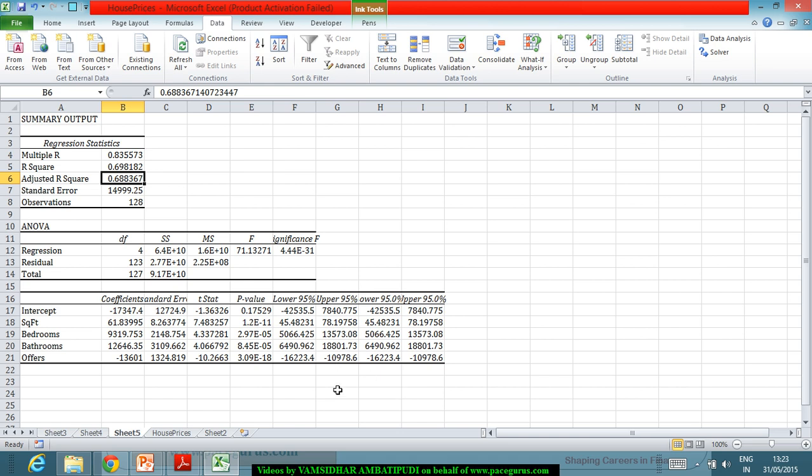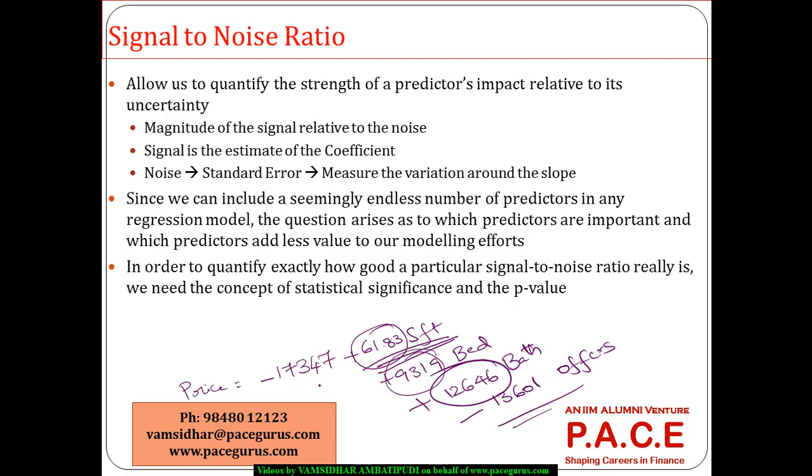Now, based on the coefficients that have come, I want to know which ones are really significant and which ones are really insignificant here. I really want to know which of the variables are significant and which of them are insignificant.